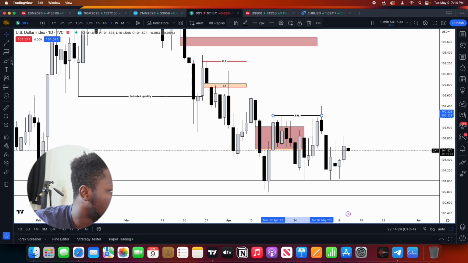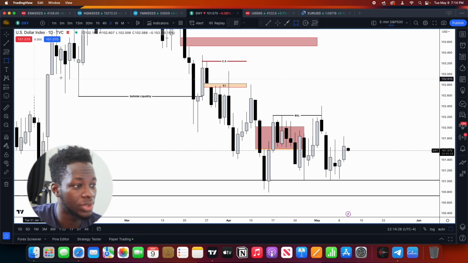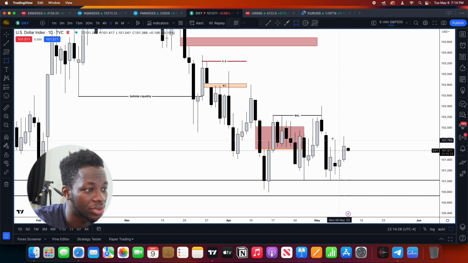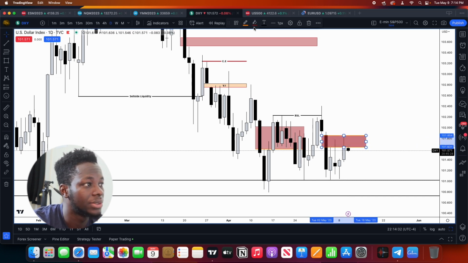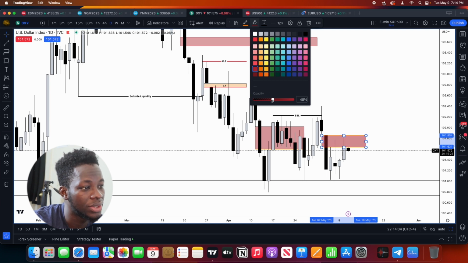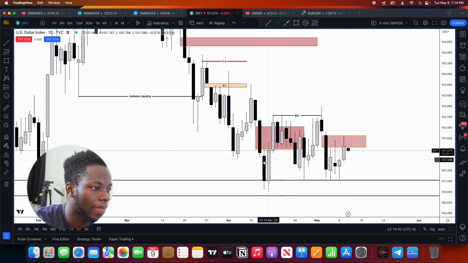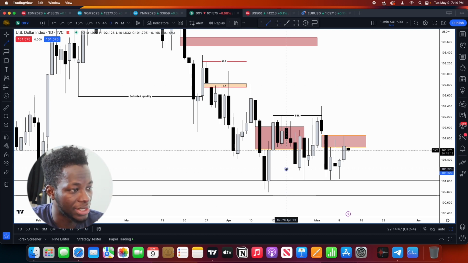If we were to use the ICT 2022 mentorship entry profile, this would be a good setup for a run below these lows, and potentially this low. So what we have here is a run on buy side.